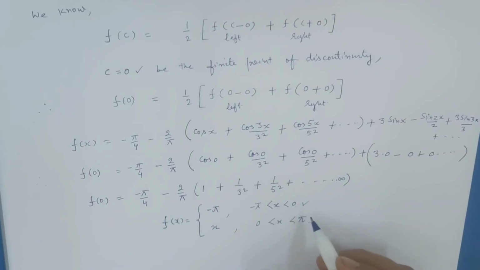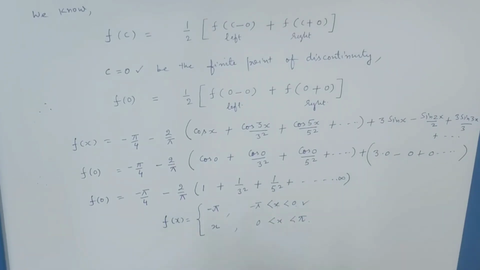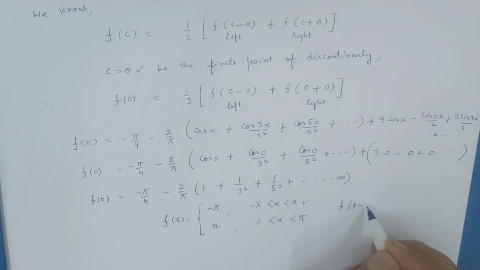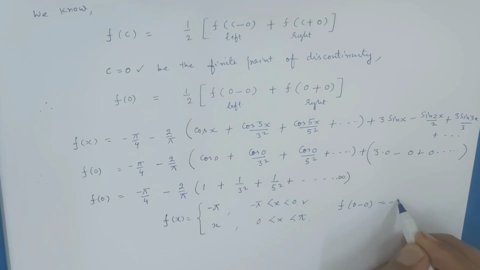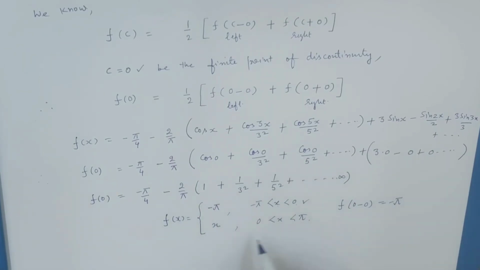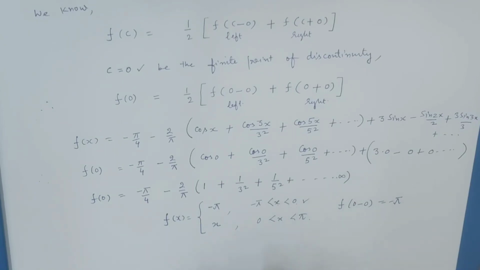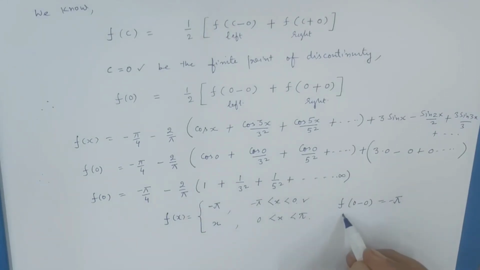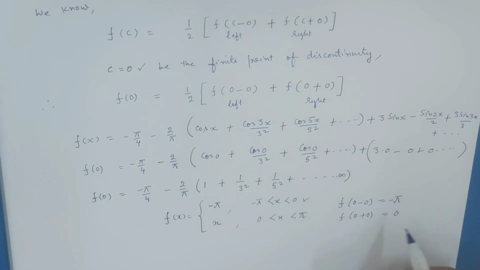Here is a left-handed limit here. F of x equal to minus pi. So it means from here f of 0 minus 0 we get minus pi. Similarly, right-handed limit x greater than 0, that is x. At x equal to 0, that should be 0. So f of 0 plus 0, that should be equals to 0. This is the left and right-handed limit.